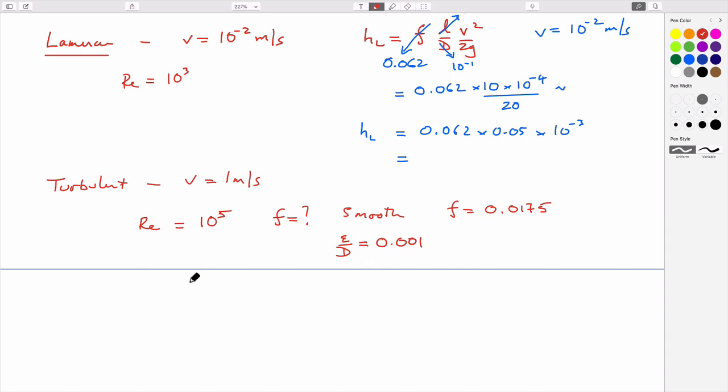So that means that the pipe, as it goes downstream, has this roughness on it, and this roughness has an amplitude of epsilon, and epsilon divided by the diameter of the pipe is some other number.